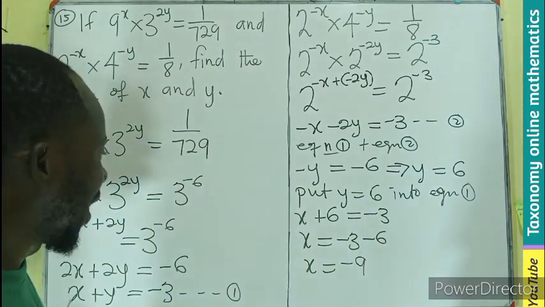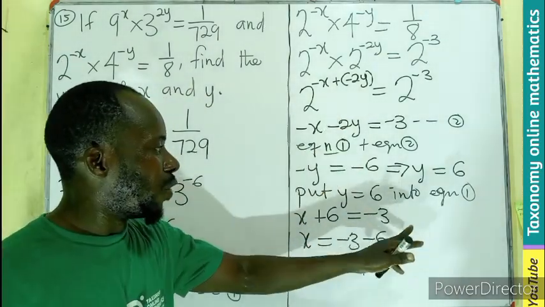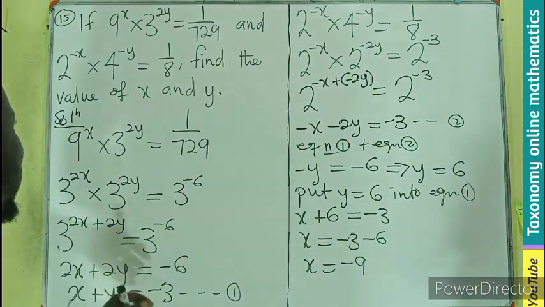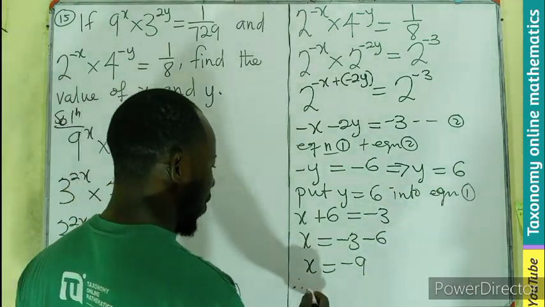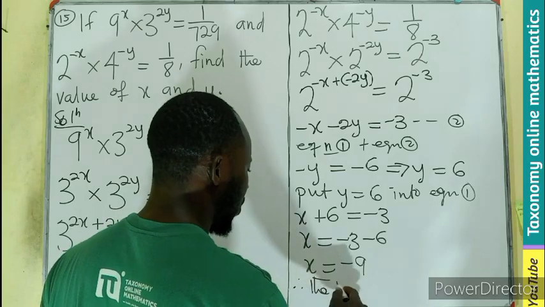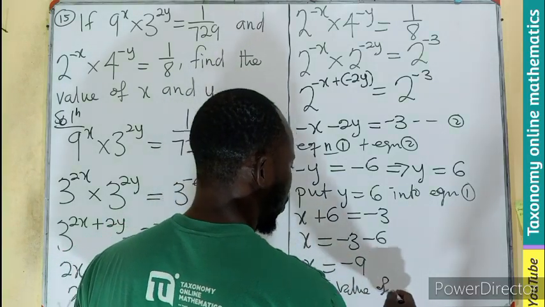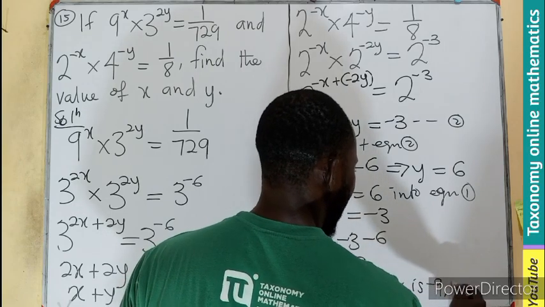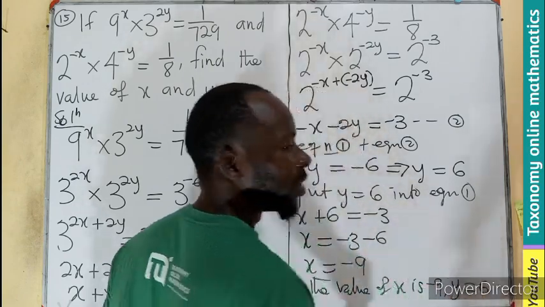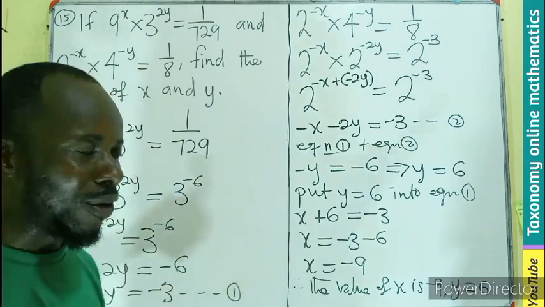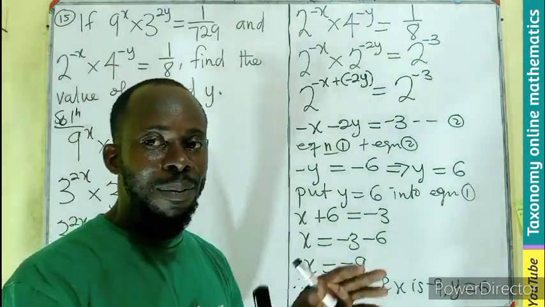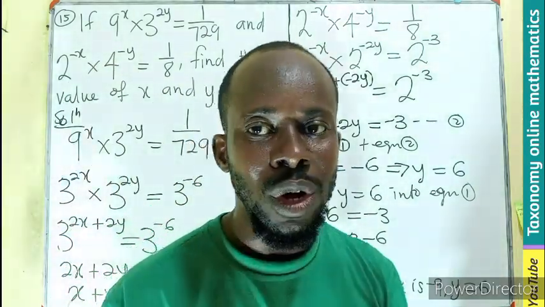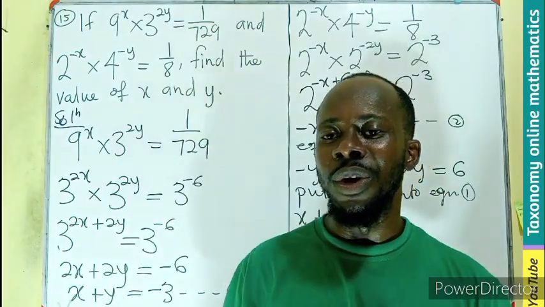The value of x is negative 9 and the value of y is 6. I'm sure you follow the concept of how we move from indices into simultaneous equations.